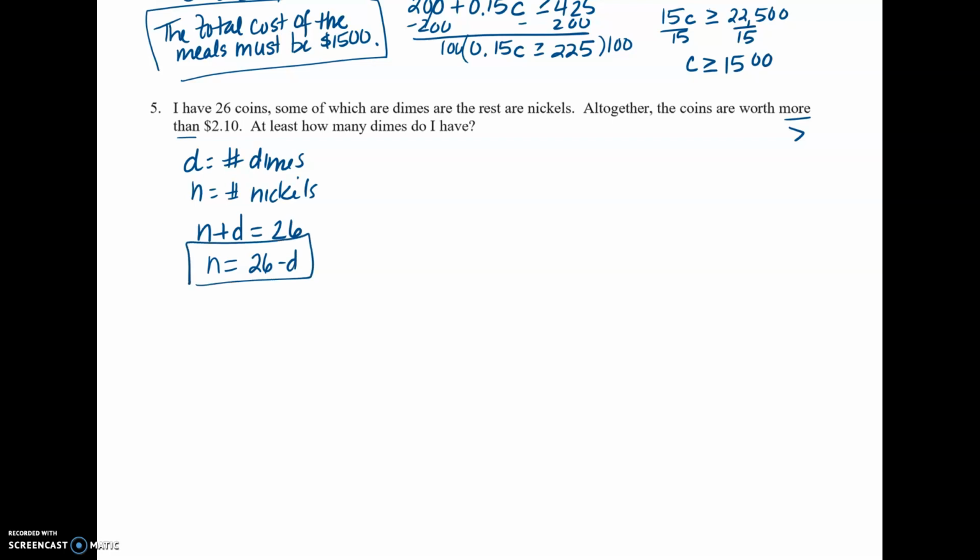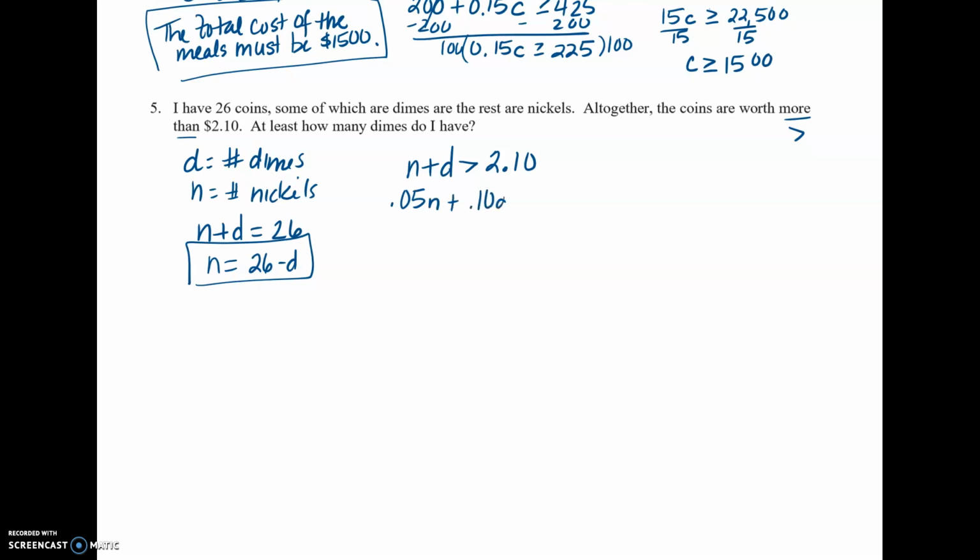So now let's make our equations. So we have the value of nickels plus dimes has to be greater than $2.10. Sorry about that. What is the value of a nickel? It's 5 cents. What is the value of a dime?